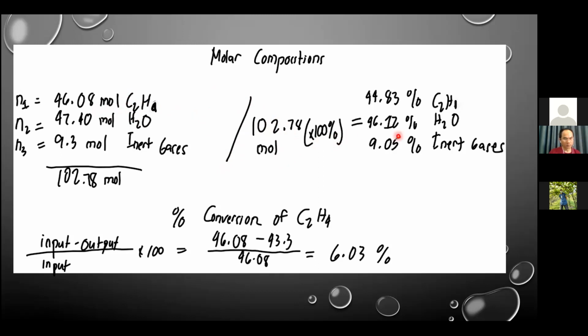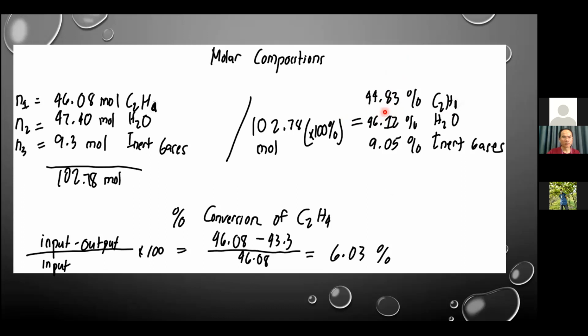So if we do this, we can know the percentage molar composition of each compound in the input.